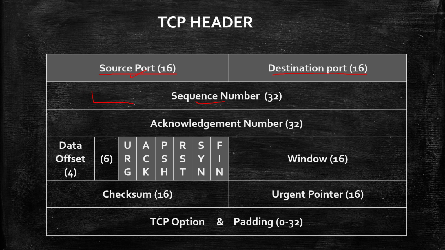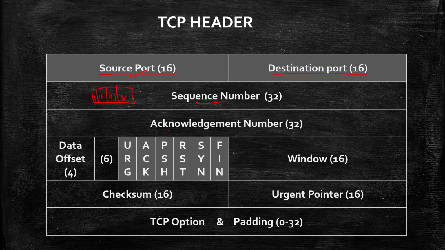For example, this is our segment, and there is 1, 2, 3, and 4. So in that sequence, we are sending data. So we are checking that the receiver also receives the data in the same format. This is the sequence number.